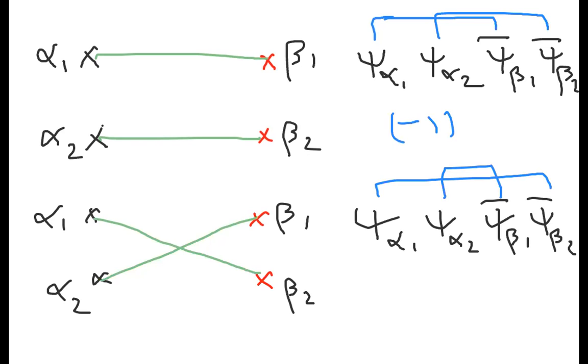You could have also made it 0 if the height was less. But this sign is +1. So in terms of Feynman diagrams, this is alpha 1, beta 1, alpha 2, beta 2, so the first diagram has a sign -1. The second diagram has sign +1.